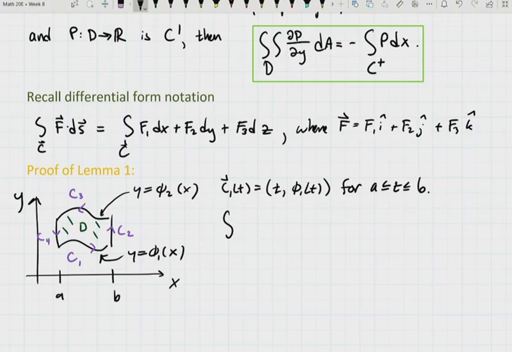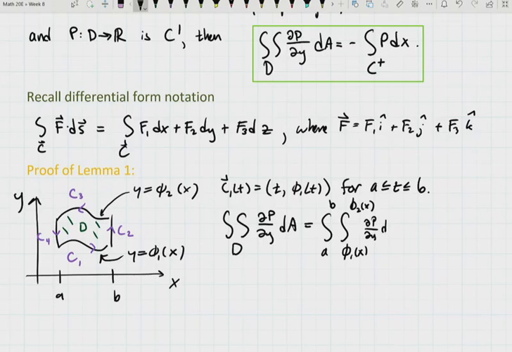If I integrate dP/dy dA, let's write that as an iterated integral. How about if I integrate first with respect to y and then with respect to x? And what can I do right now?